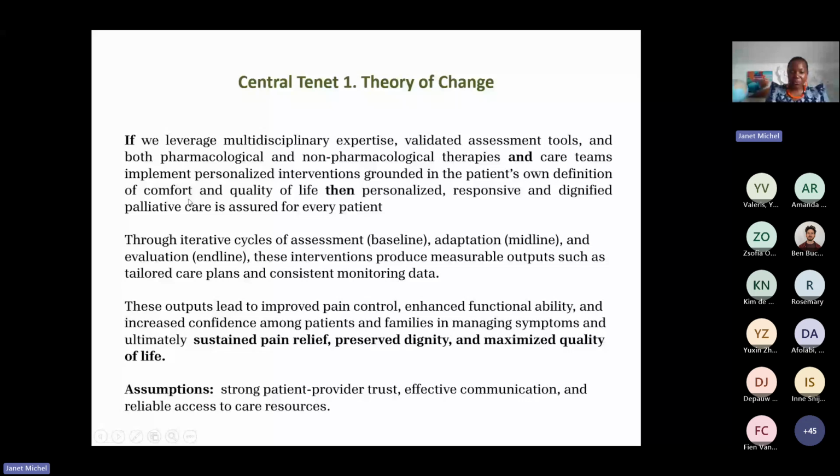So we have the patient saying, this is my goal, this is what I want, and together you come up with the pathway to getting there.